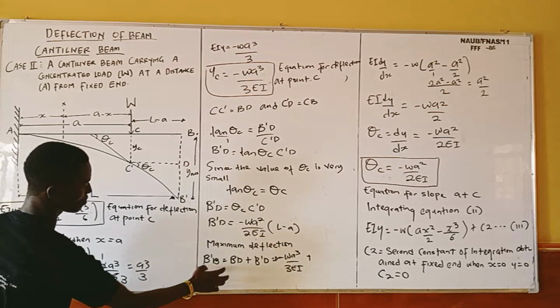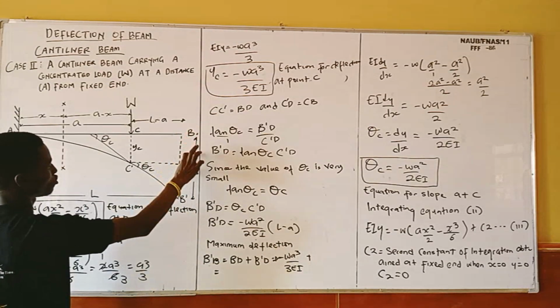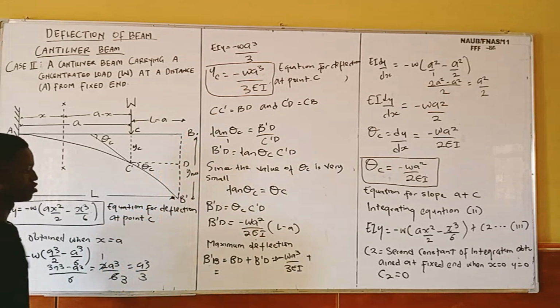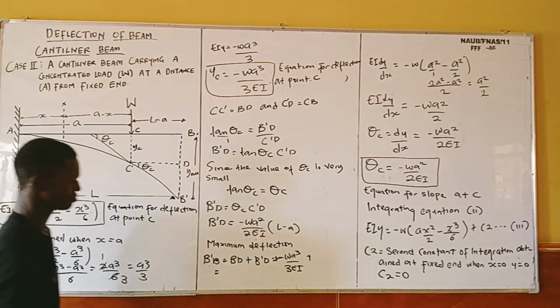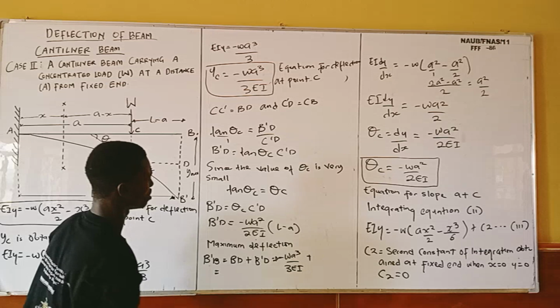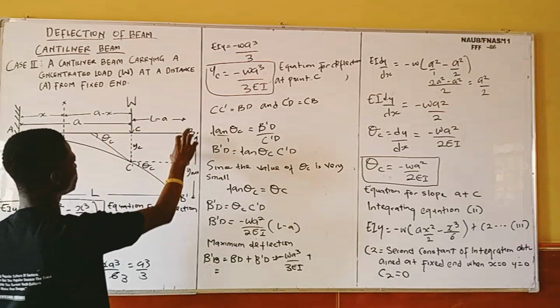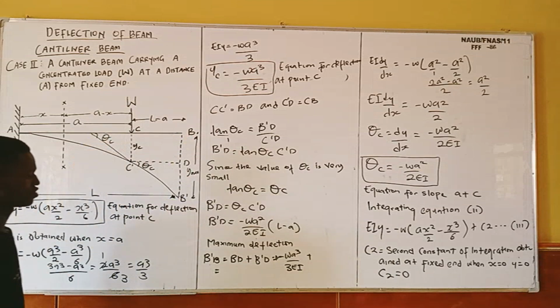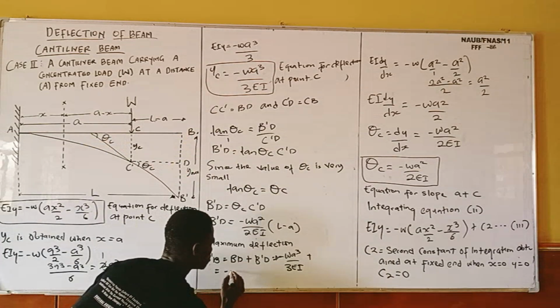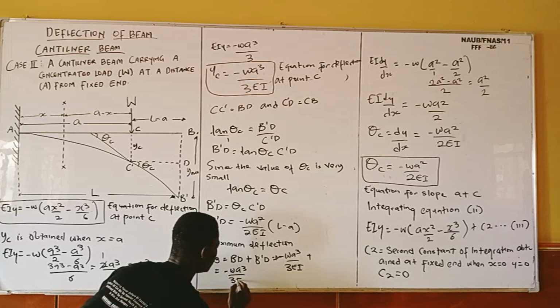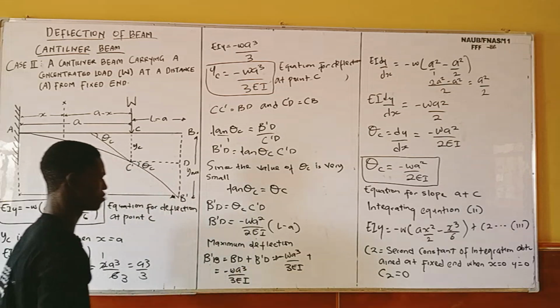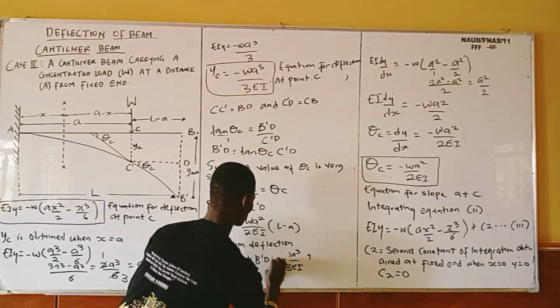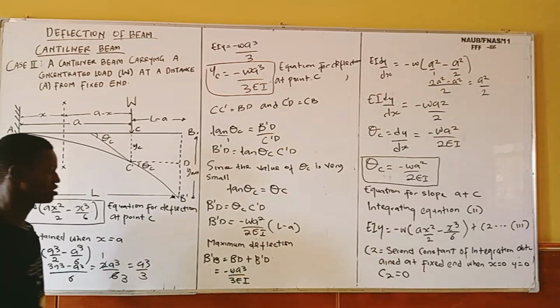So for our maximum deflection, which was B prime and B, we are going to add BD and DB prime. Our BD now is the maximum deflection at this point, which is going to give us minus WA cube over 3EI. So this is our BD.